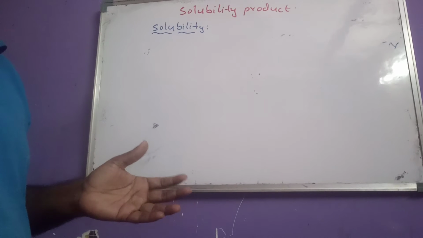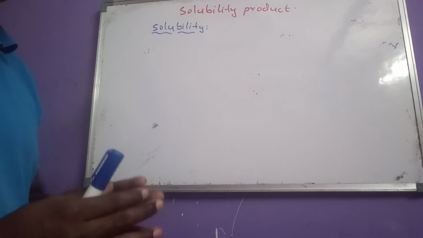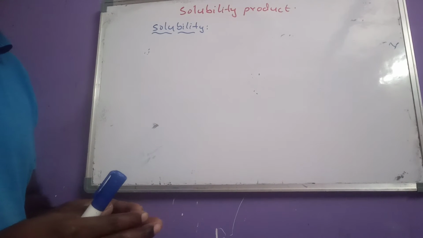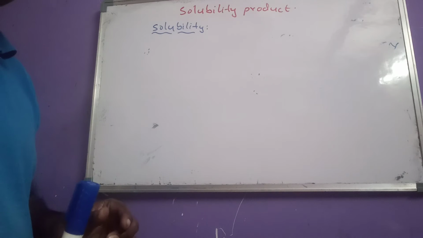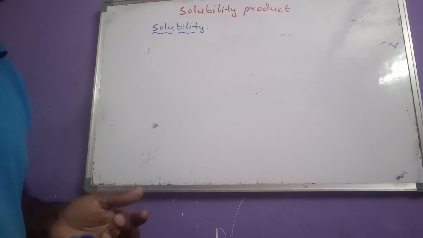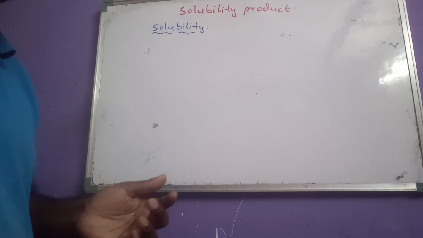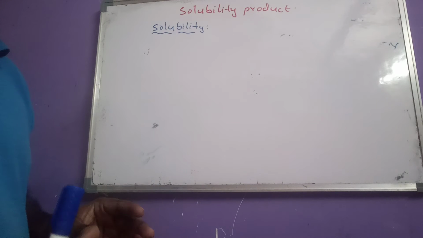For example, by dissolving 10 gram of NaCl in 100 gram of water, if a saturated solution is obtained, therefore the solubility of NaCl in water we can consider as 10 grams. So that is called solubility.